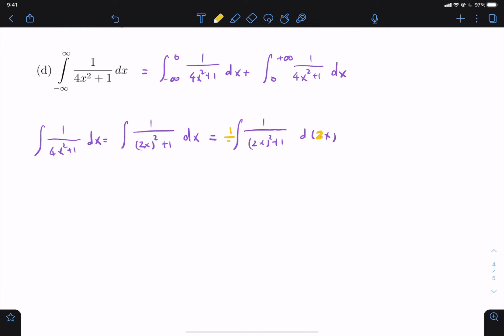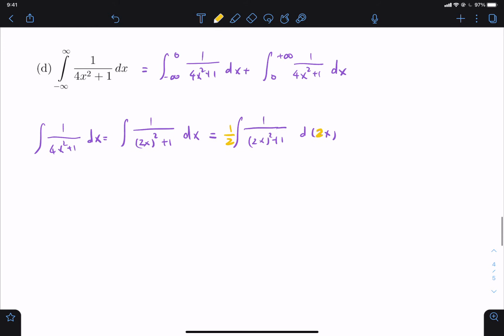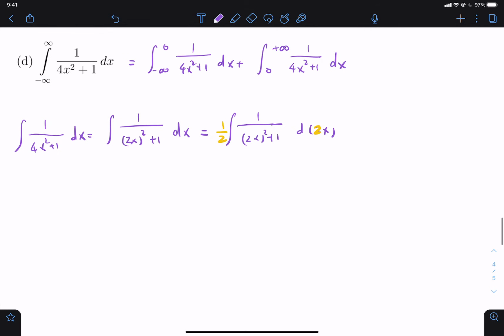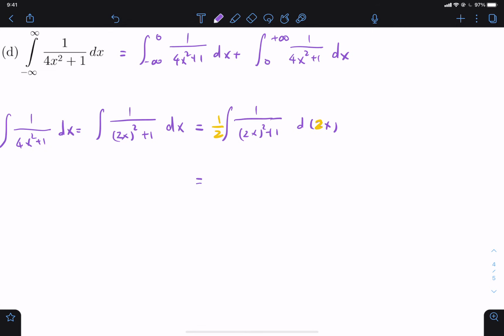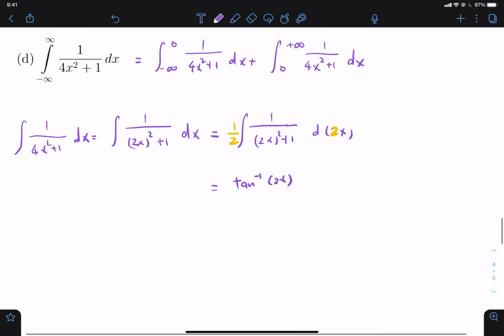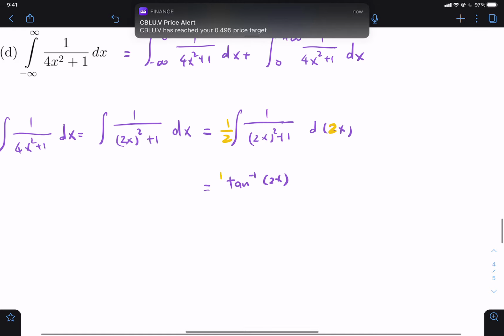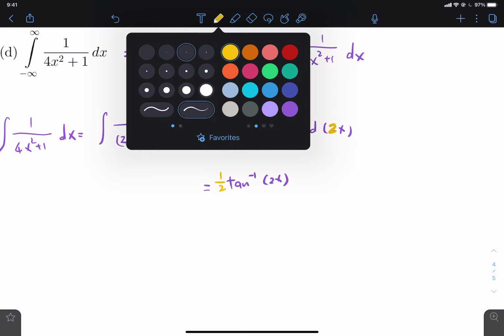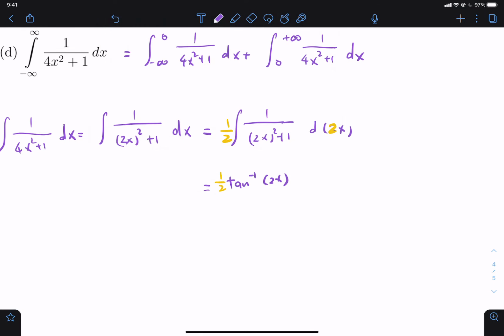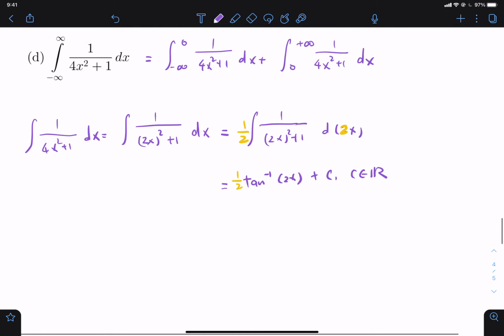Now you make use of that tangent inverse formula, and this becomes 1 over 2 tangent inverse of 2x, plus c, where c is any real number. So that's the original function.